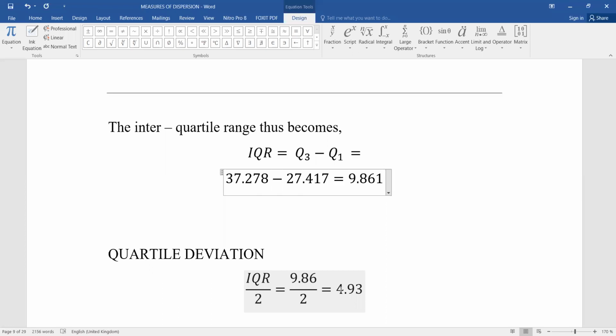Semiquartile is the median because we have the upper, median, and then the lower. So semiquartile is the same as the median. This is called the interquartile range. But if they add semiquartile range, maybe they mean the same thing, but let us deal with interquartile range.